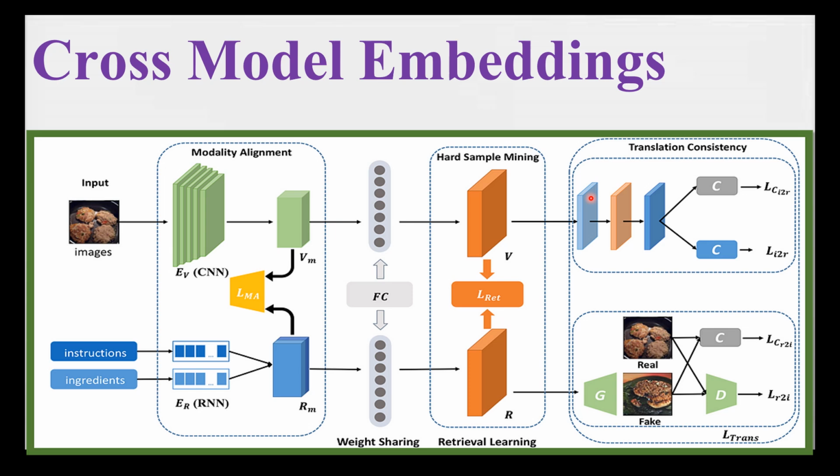So imagine you have two models, model A and model B, which both can turn words into colorful shapes, that is, the vectors. So cross-model embedding lets you compare the shapes generated by model A with the shapes generated by model B, even though they might be different.